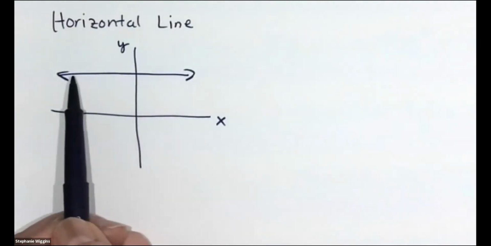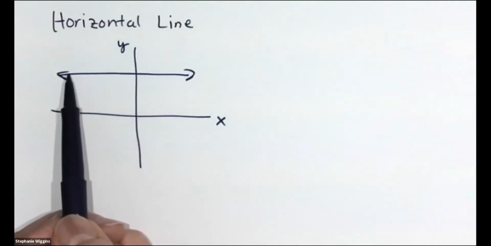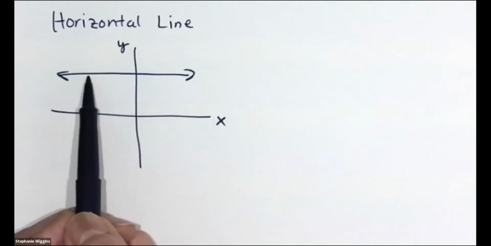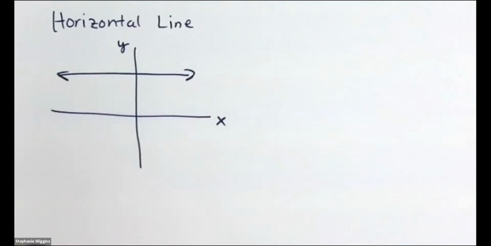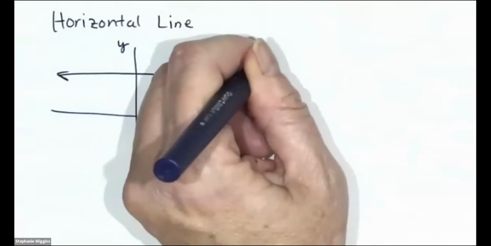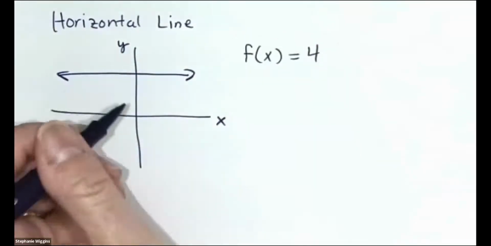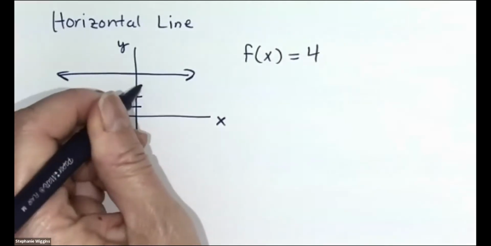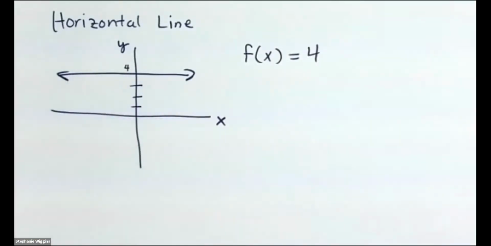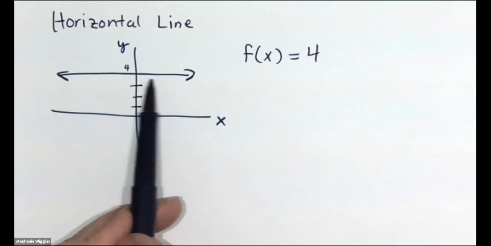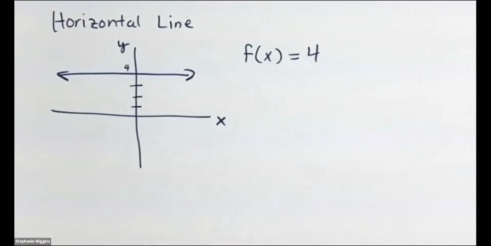And remember, the function values are the y values, and because they're the same, we call it a constant function. We think of it as f of x equals some constant, let's say 4. So in this particular example, we would draw it like that. The height of this function is 4, and it's always 4. It never changes. So it's a constant function.